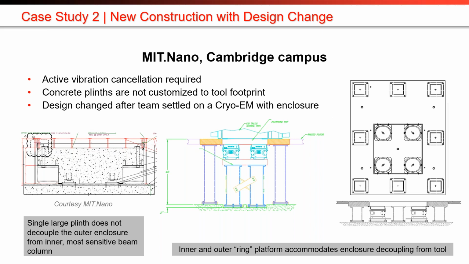Couple of advantages, not just to get down to the lower vibration levels that they needed, but because the concrete plinths were not customized to the tool footprint, right? You had the inner vibration sensitive portion of the tool resting on the concrete plinth and the outer non-vibration sensitive portion of the tool that's noisy sitting on the same plinth, putting vibration right back into the surface that you're trying to isolate.